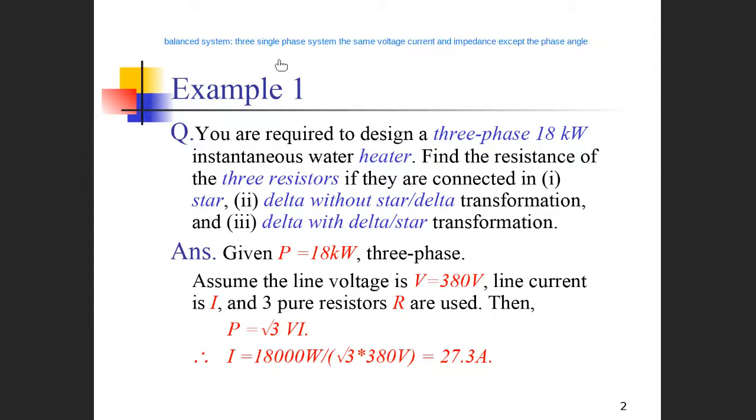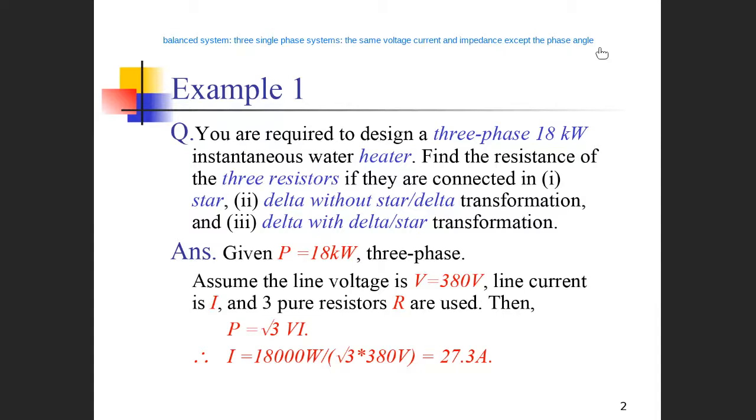A balanced system means a three single-phase system, and they have the same voltage, current and impedance except for the phase angles.